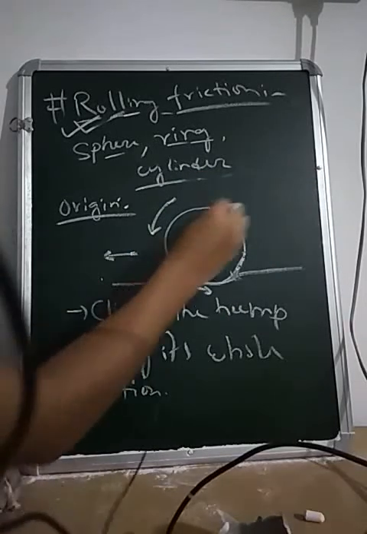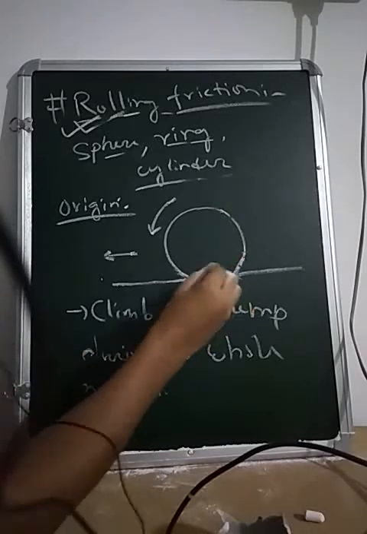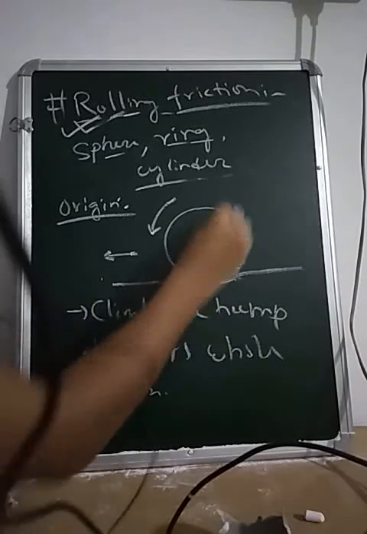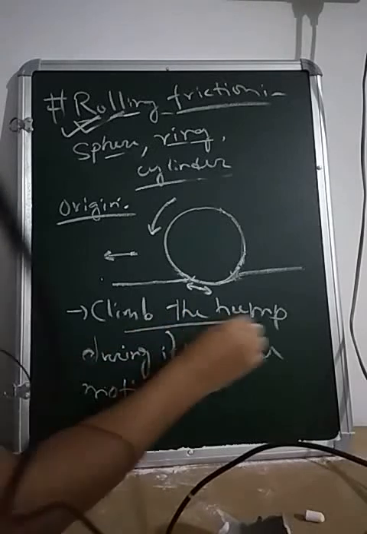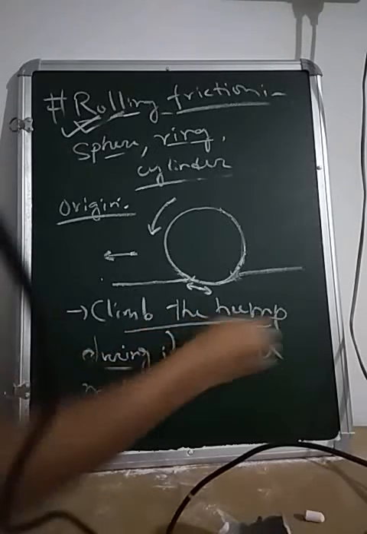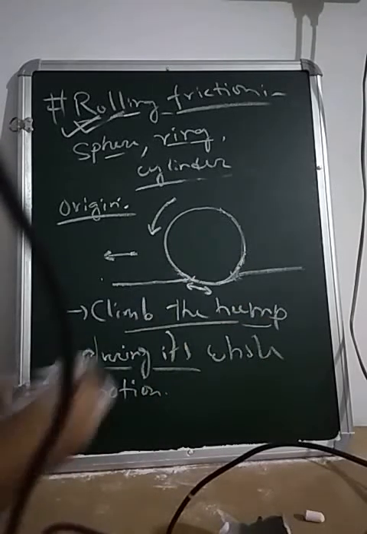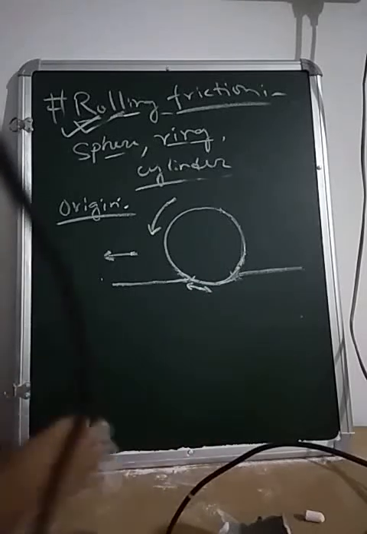So in this case also, during its motion, the wheel has to climb up these humps created by the depression. So this is the cause of the rolling friction.